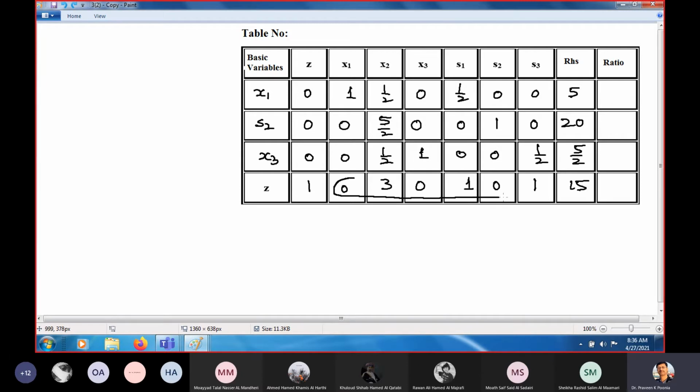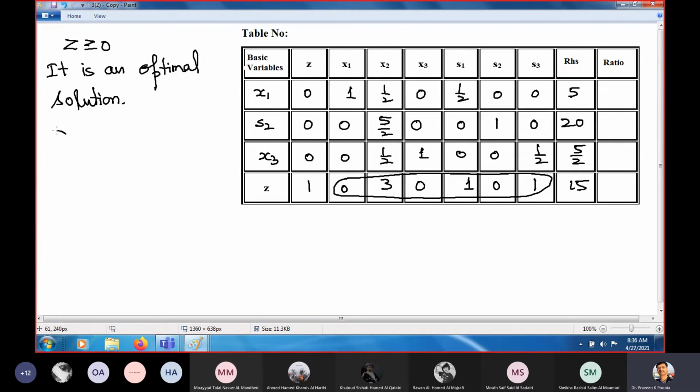Now the last, if you will see, all are plus. Z is greater than equal to 0. All are positive, which means it is an optimal solution.